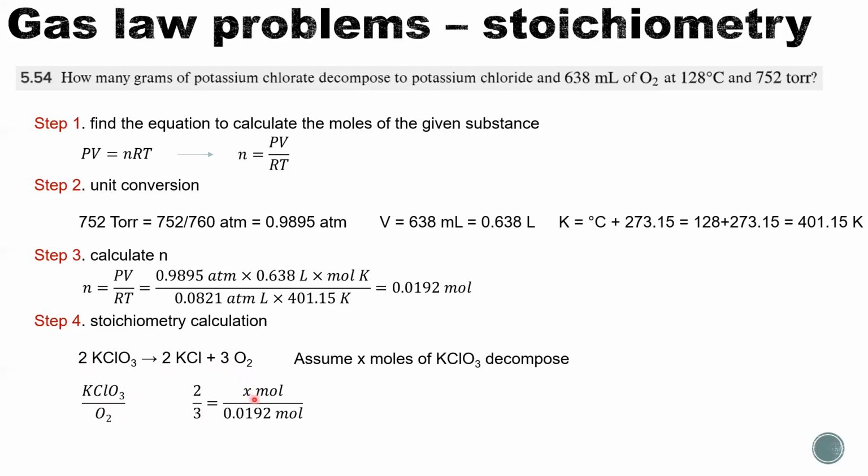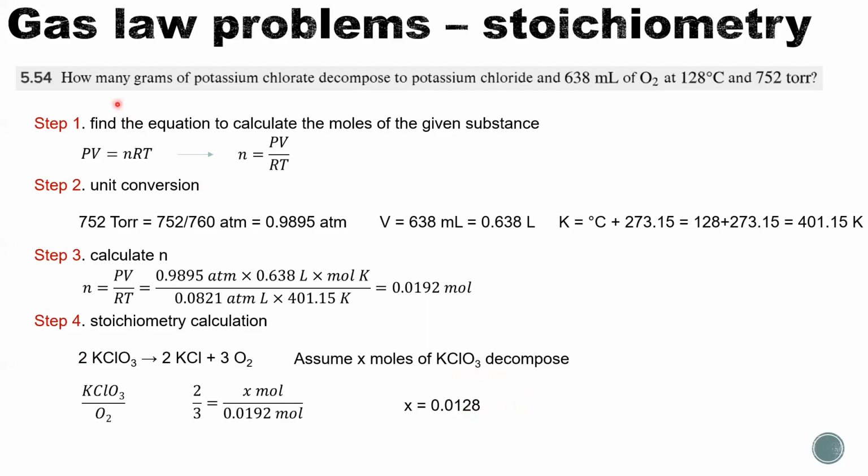In reality, we have X moles of the reactant and 0.0192 moles of oxygen produced. Solve this equation by cross multiplying. X equals 0.0128. So in other words, we have 0.0128 moles of potassium chlorate.